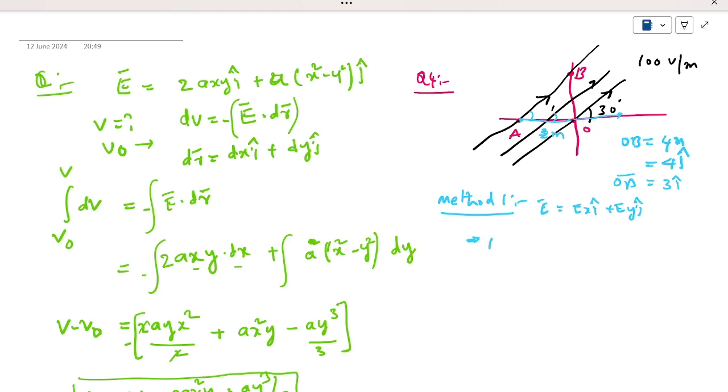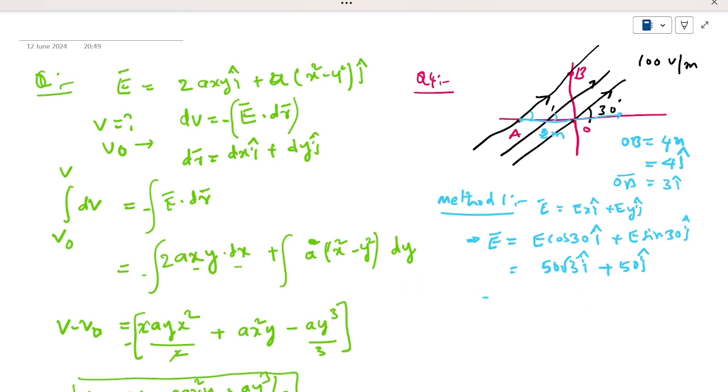Therefore E bar is E cos 30 i cap plus E sin 30 j cap. E is 100, already given. Cos 30 is root 3 by 2, therefore 50 root 3 i cap plus 50 j cap. So this is the E value, resolved into x and y.